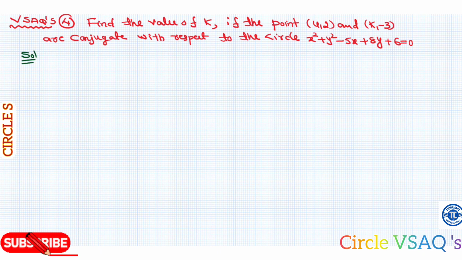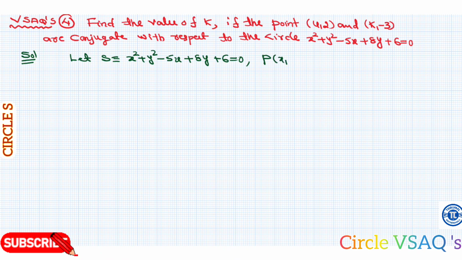Given circle, let S = x² + y² - 5x + 8y + 6 = 0, and the given points are: first one P(x1, y1) = (4, 2) and second point Q(x2, y2) = (k, -3).